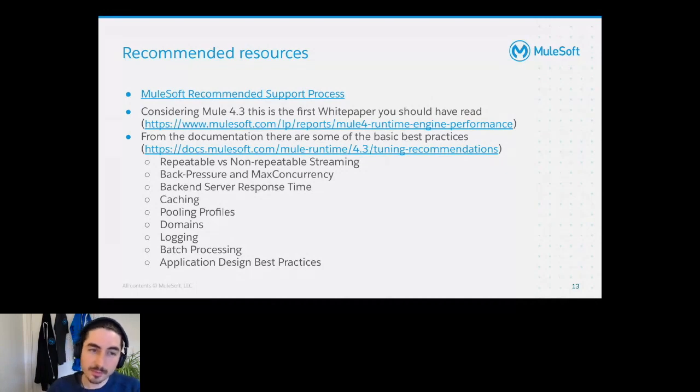Think about repeatable versus not repeatable streaming, back pressure and max concurrency, backend server's response time, one of the ones we mentioned, caching, we mentioned it as well, pooling profiles, domains, logging, batch processing, application design best practices. If you're not aware of any of this, you can check that webpage and you will get some basic recommendations on making the tuning in these different areas.